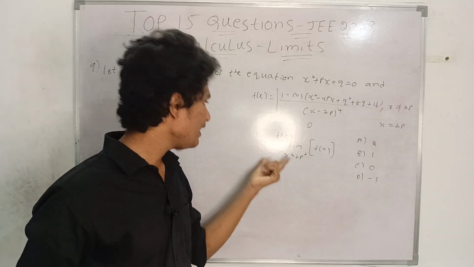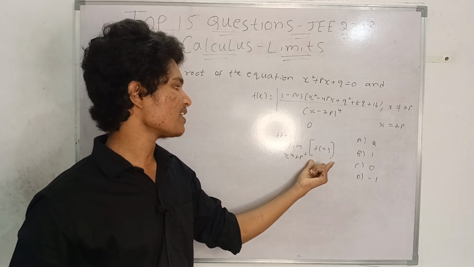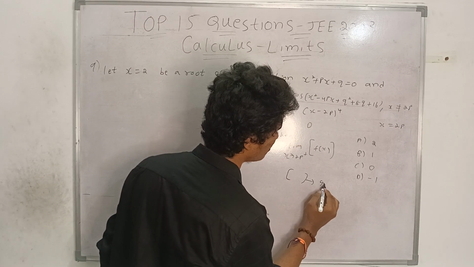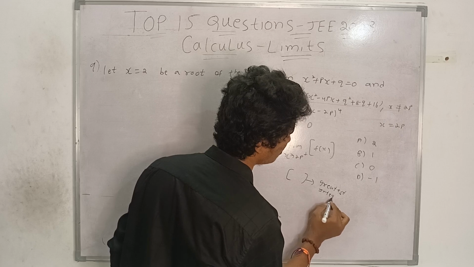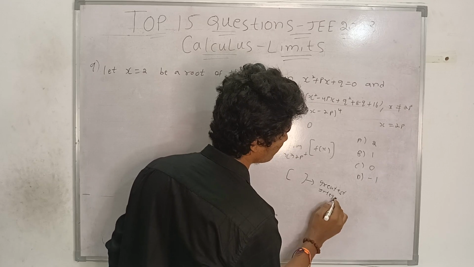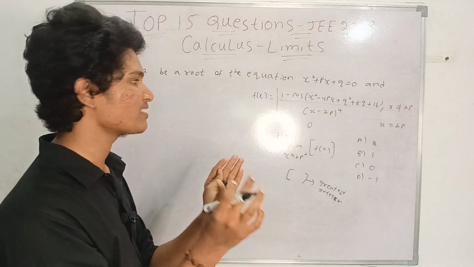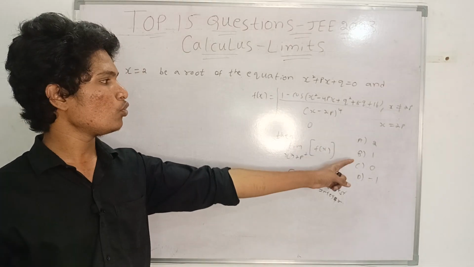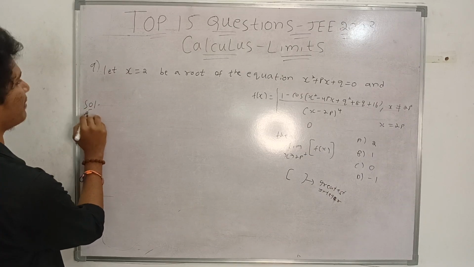They are asking limit x tending to 2p plus of the greatest integer of f of x. Options are 2, 1, 0, minus 1. Now let's solve step by step.